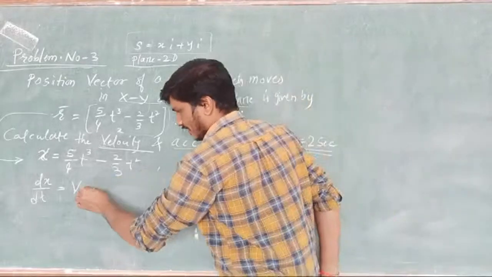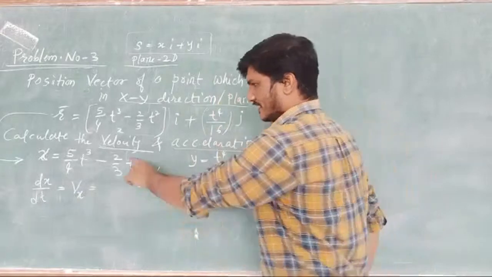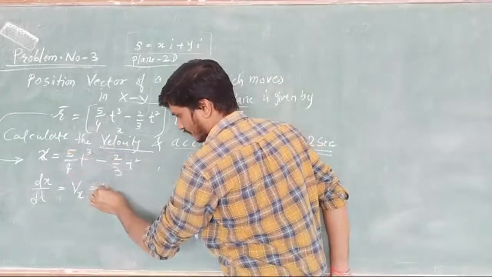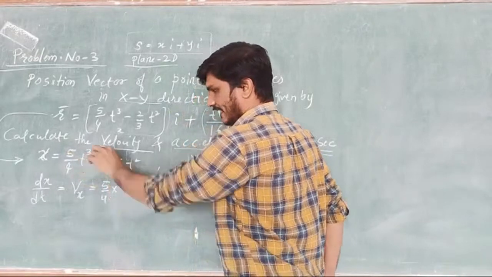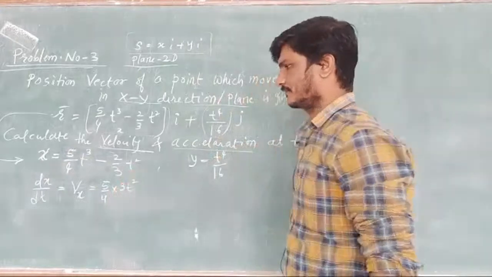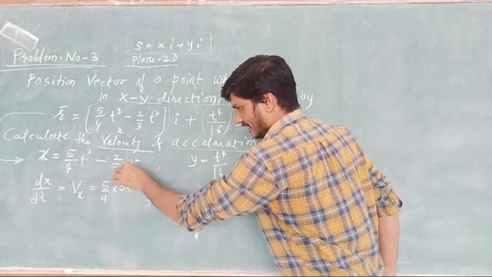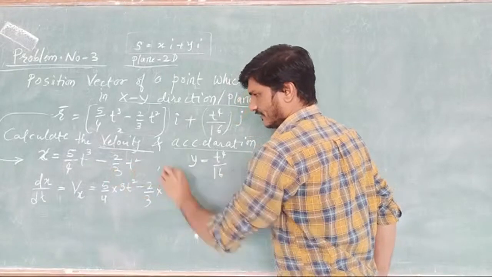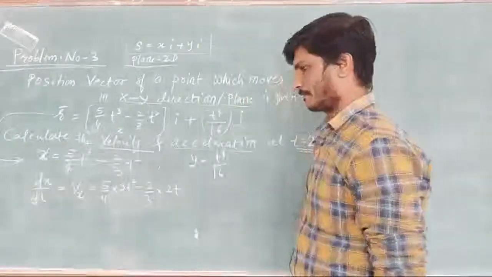Let us differentiate this one, where 5 by 4 into the derivative of t cube, you will have 3t square, minus 2 by 3, it will be the same, and the derivative of t square you will get 2t.